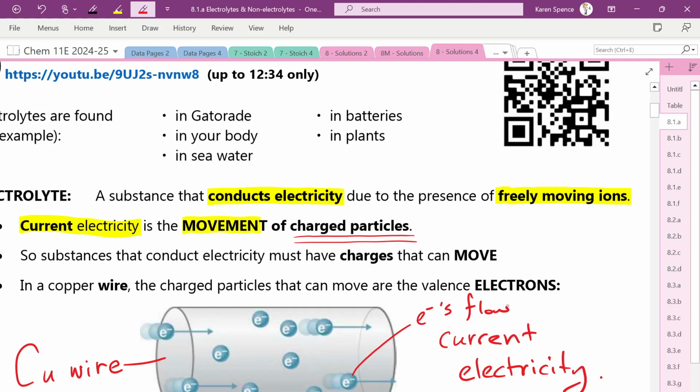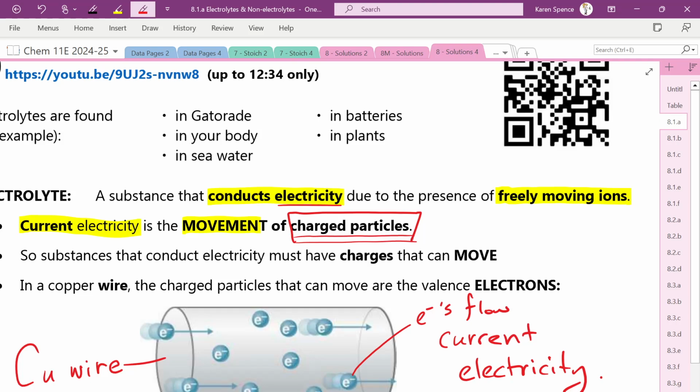Now, there's lots of substances that conduct electricity, but they don't have any free electrons. However, conduction of electricity does not require freely moving electrons. It just involves freely moving charged particles. And so instead of electrons, what are some other particles that we know that have charges? Protons, but protons are stuck in the nucleus and they're unable to move.